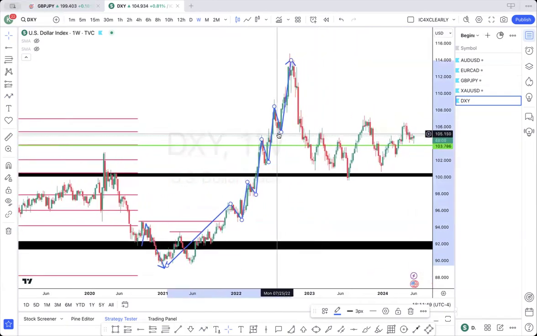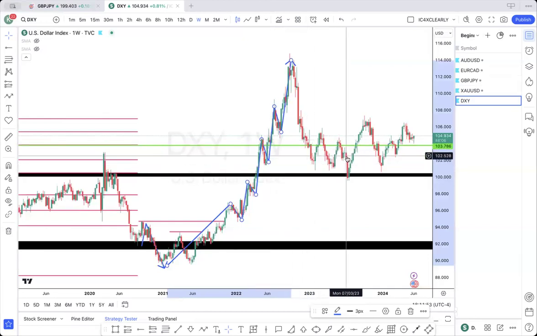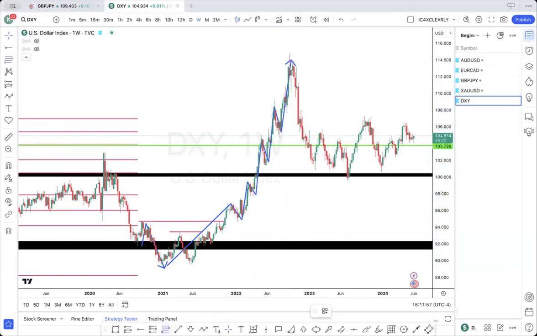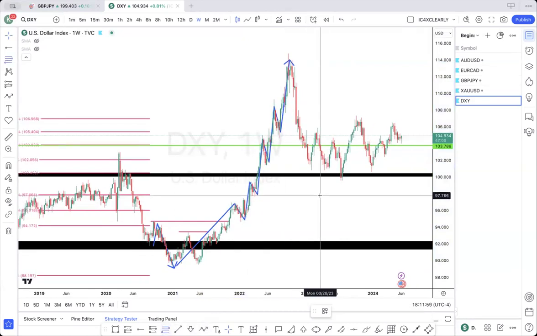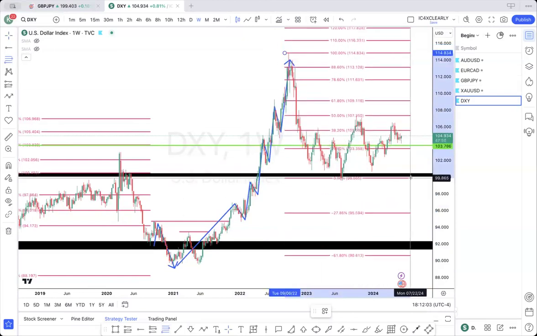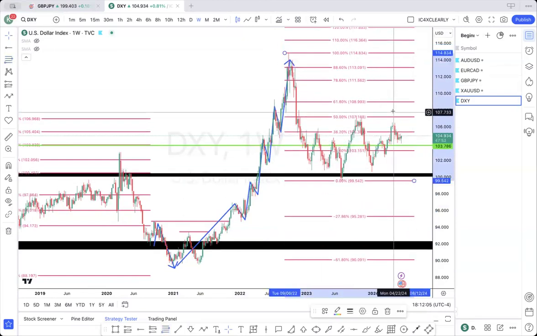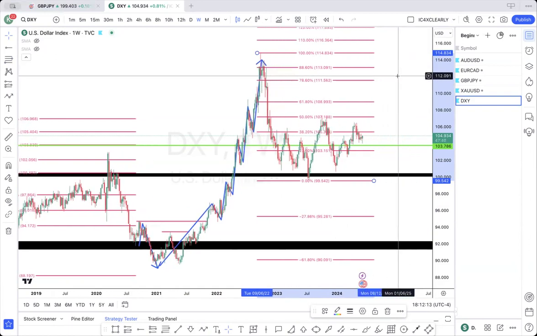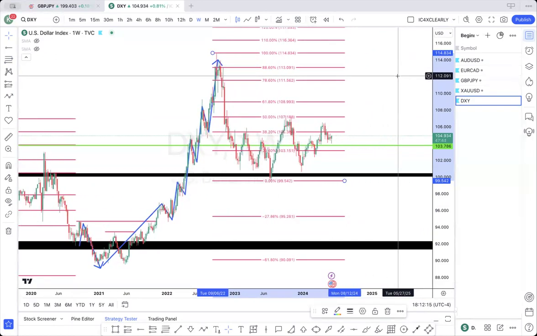Now that price has broken structure here and here, we can say, okay, maybe price is going to pull back to our 618, our 78, or our 88. That's where we want to get in. If we're going to get in for a sell, that's where we want to get in, right?